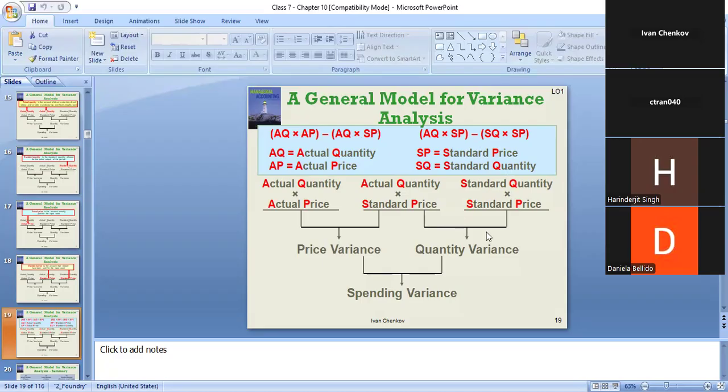On the quantity variance, we're keeping the price in the same reality, standard price, and that's how we're isolating the effect of the change in the quantity. And that's how we're getting the quantity variance.